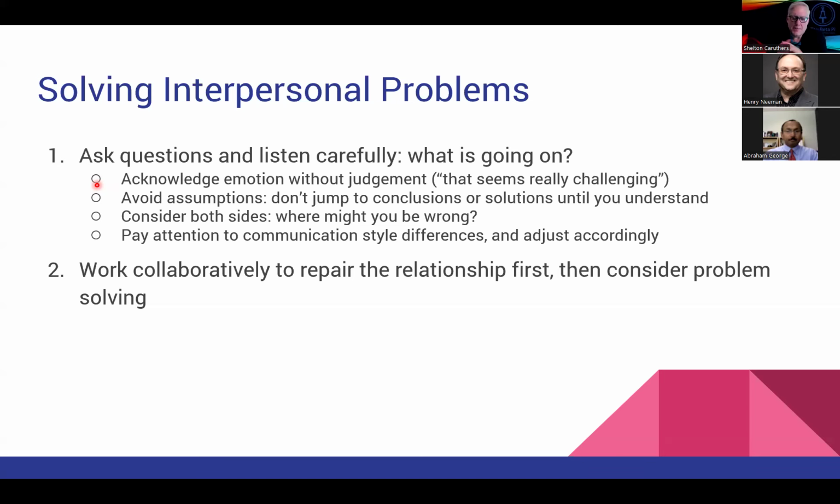Or maybe there's a misunderstanding in the way it was asked, and you asked about a process rather than a goal, and the workers know that there's a better process to get to that goal. And we'll talk a little bit more later about paying attention to communication style differences and adjusting accordingly.